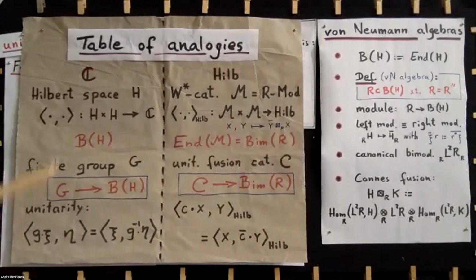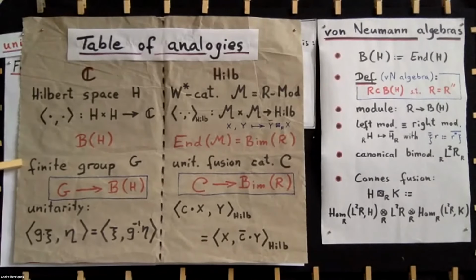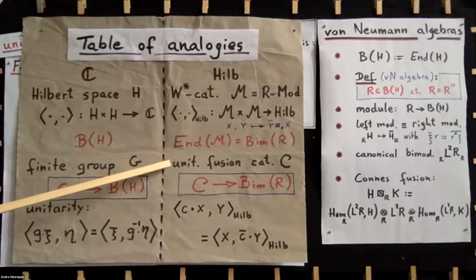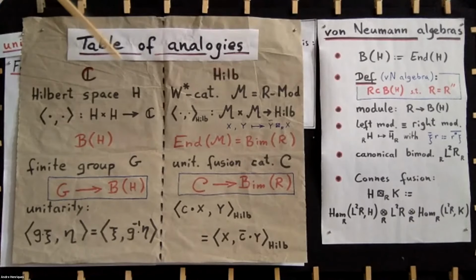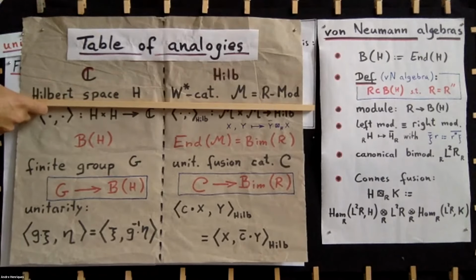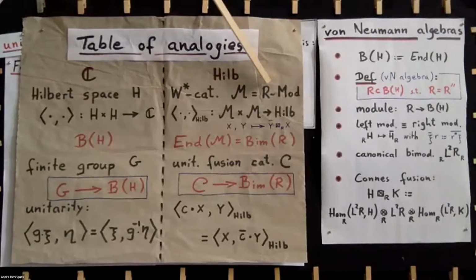Here I told you that a finite group G is what I'm going to think of as being the analog of my fusion category, C. And if a group acts on a Hilbert space, then a fusion category C acts on, so the analog in this row here, what we have is that the analog of a Hilbert space is this category here of R modules. And it's useful to think of it as a sort of abstract thing.